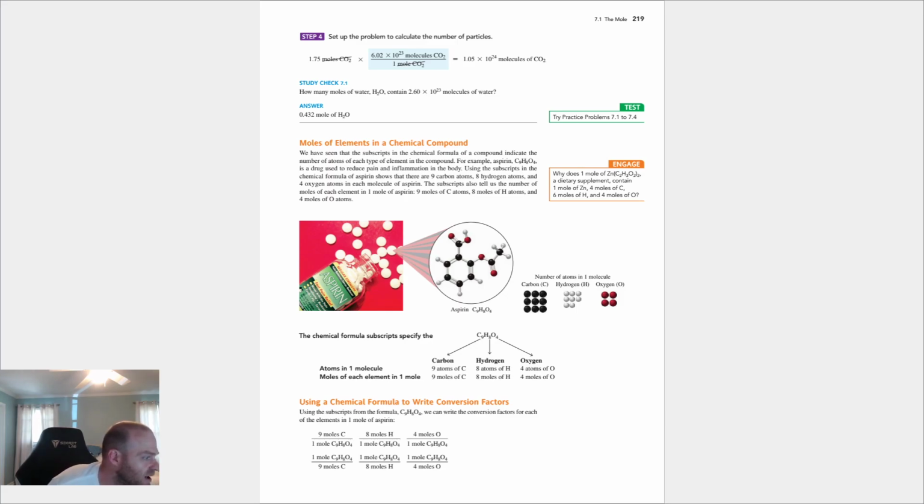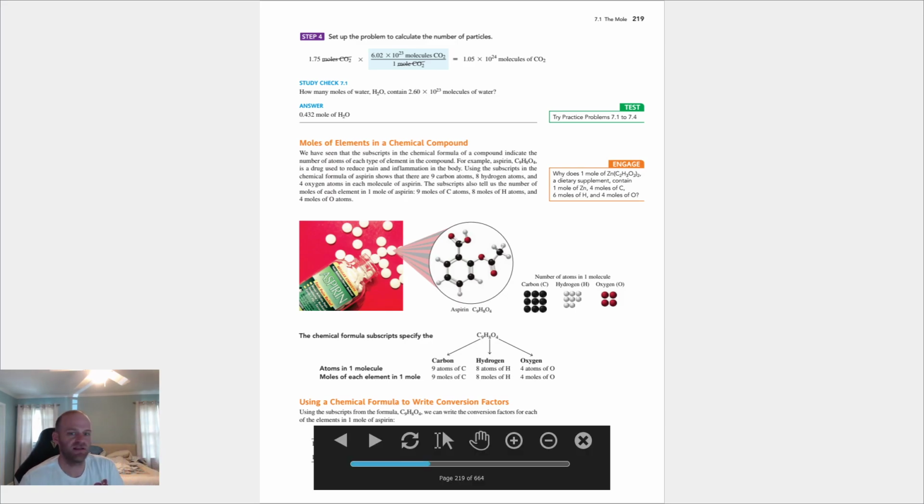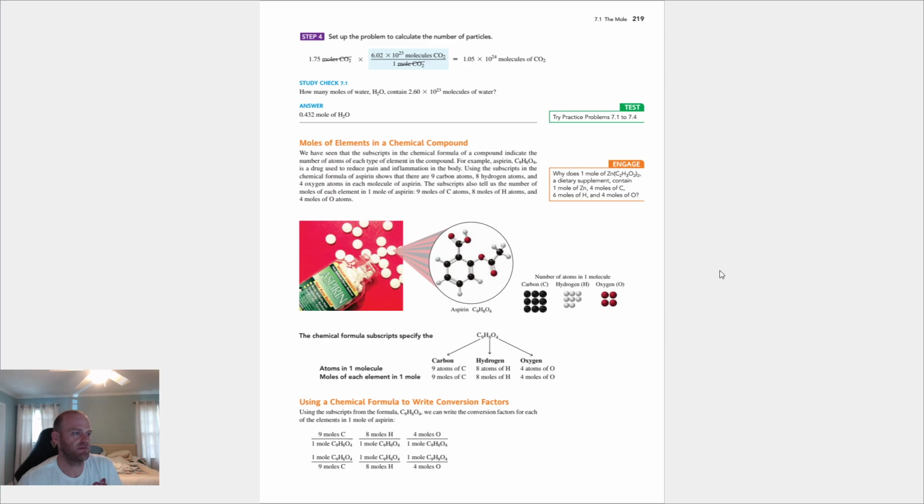All right, so notice here, I don't know why that popped up, that in a molecule you'll have different numbers of atoms. So whatever this is, what is this? Aspirin. Okay, so in aspirin I have 9 carbons, 8 hydrogens, 4 oxygens.